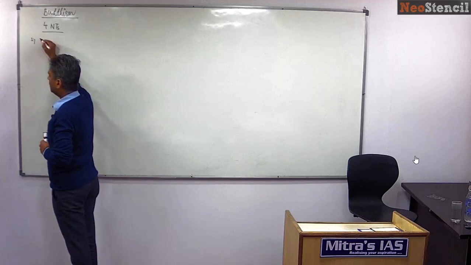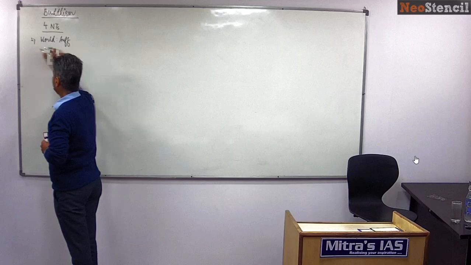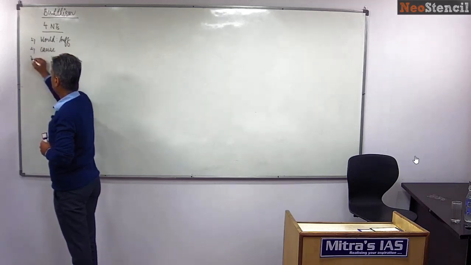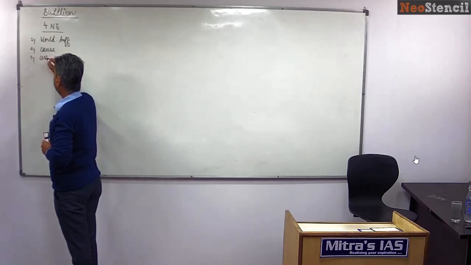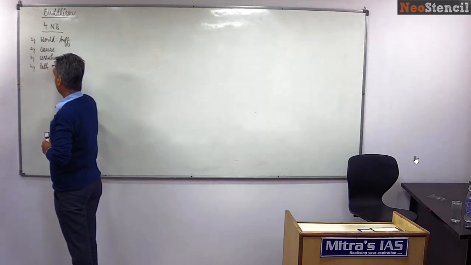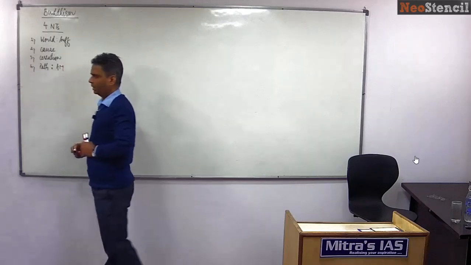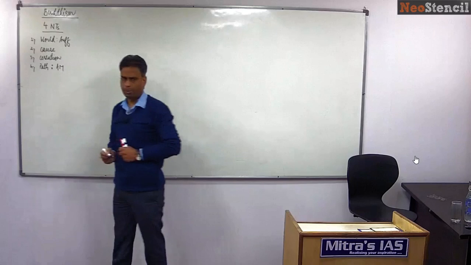One, this world is full of suffering. Second, there is a cause. Third, cessation of suffering is possible. And fourth, there is a path. And within that fourth Noble Truth, we have Ashtangik Marg, the Eightfold Path.